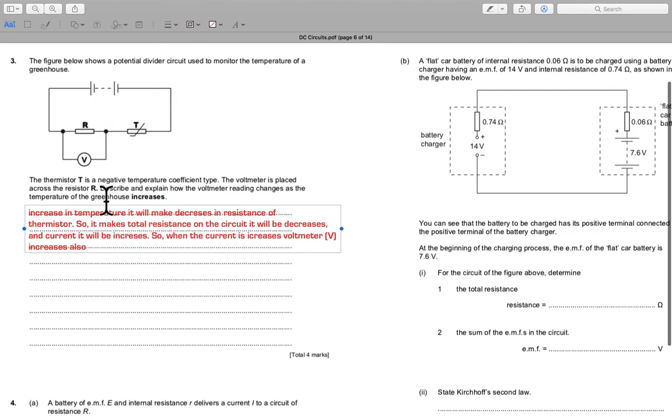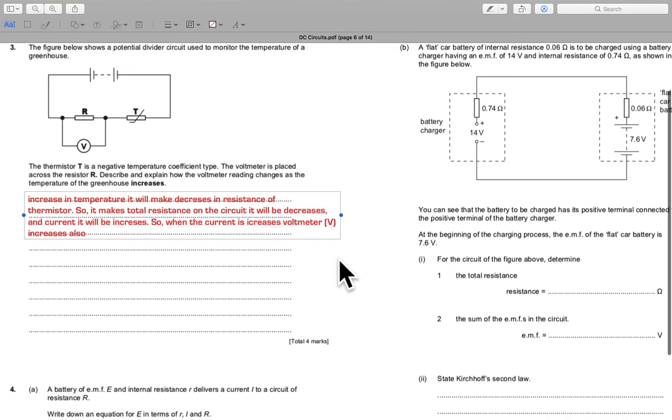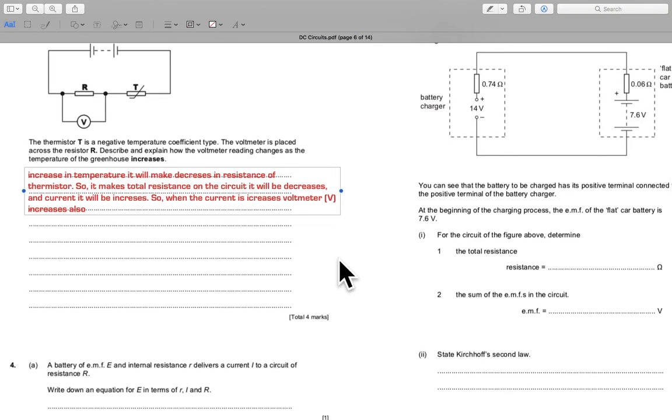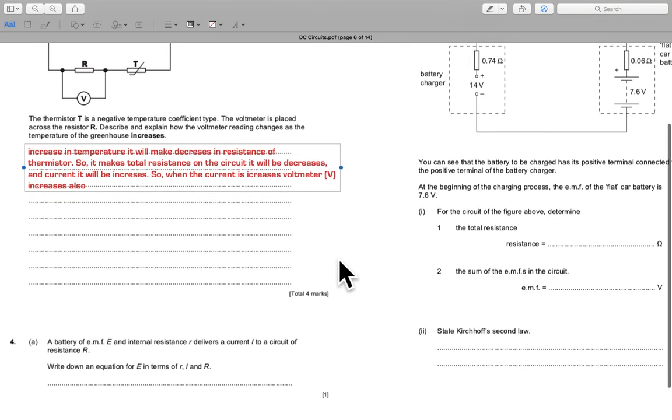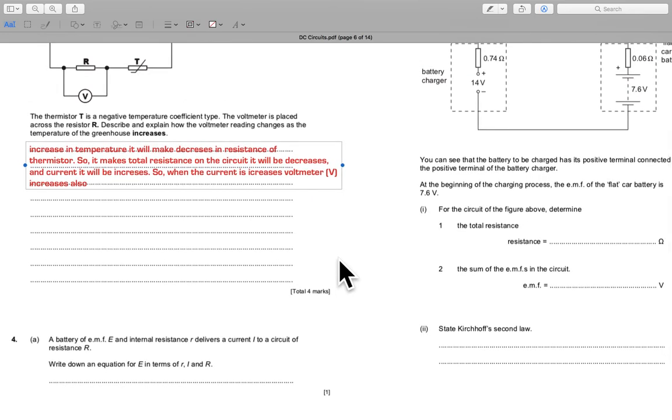Number four: a battery of EMF E and internal resistance r delivers a current I to a circuit of resistance R. Write down an equation for E in terms of R, I and r.